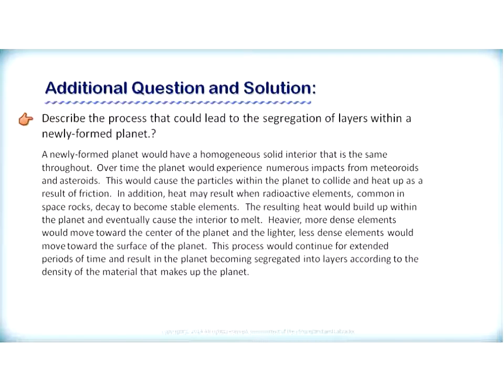And according to the segregation of Earth's interior, we could look at a newly formed planet heating up as particles collided and also if it contained radioactive elements as they decayed. The interior would melt, the material would segregate based on density, heavier going to the center, lighter materials going to the surface, and as a result, you would have a layered planet.